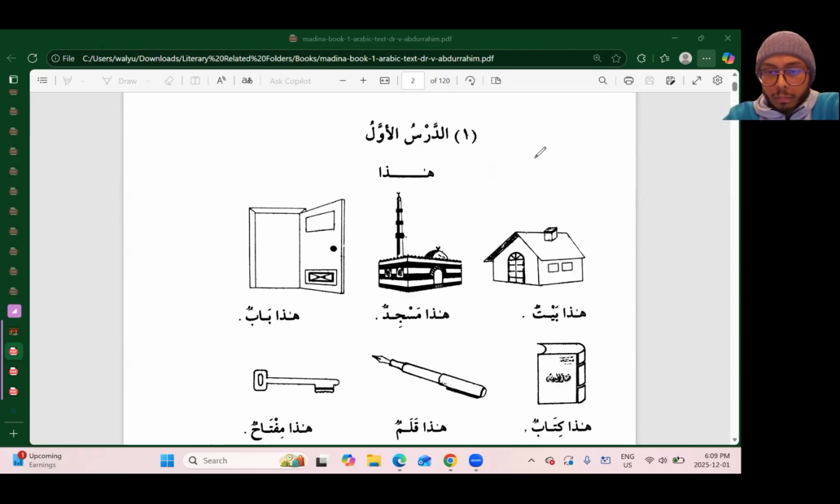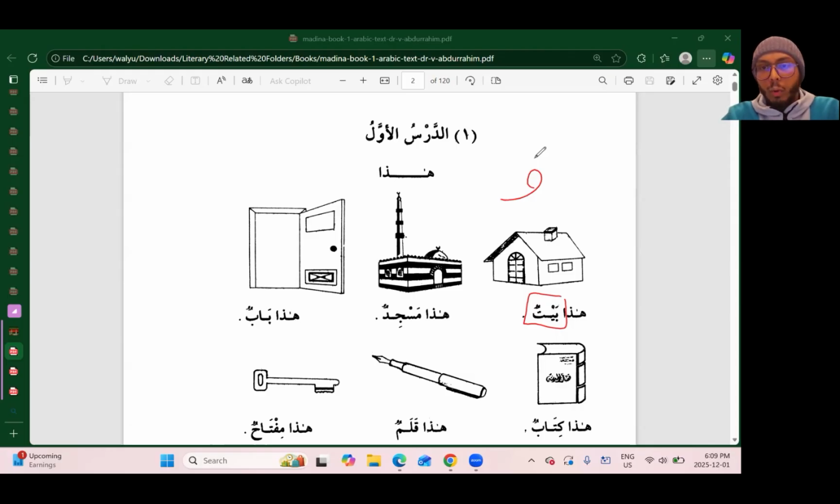Whenever you have a noun, you can call it an ism. Ism also means name. What's important to know is that generally a noun in its natural state will always have a dhamma.